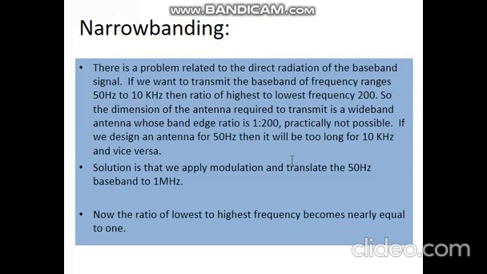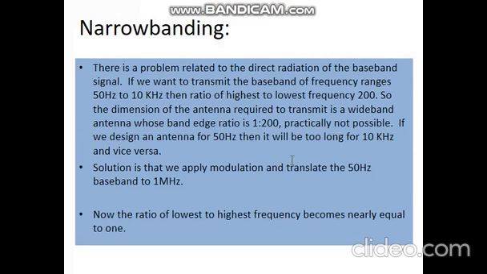The next problem that will be solved by applying modulation is narrow banding. Suppose a radio station wants to transmit frequencies ranging from 50 hertz to 10 kilohertz. What is the ratio of the highest to lowest frequency here? That is nearly 200.